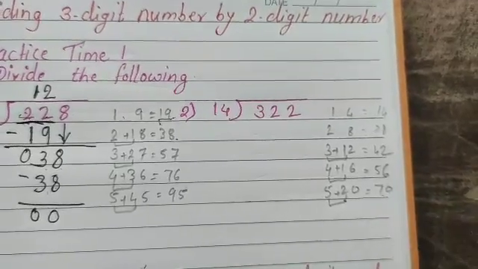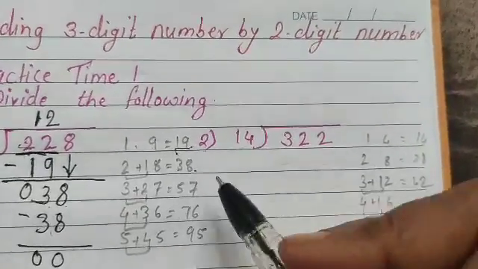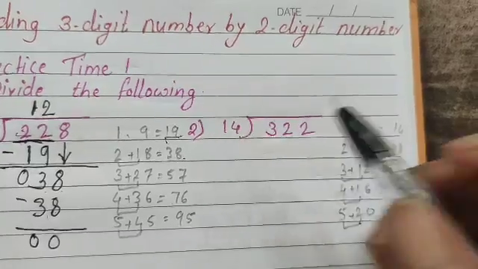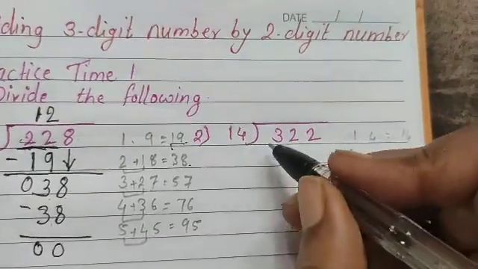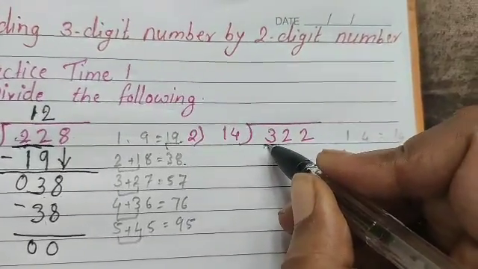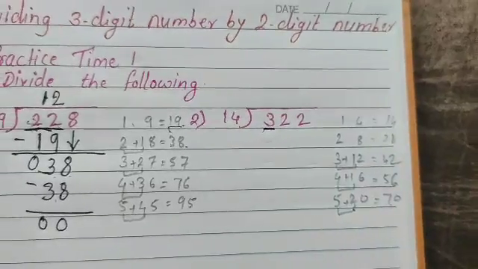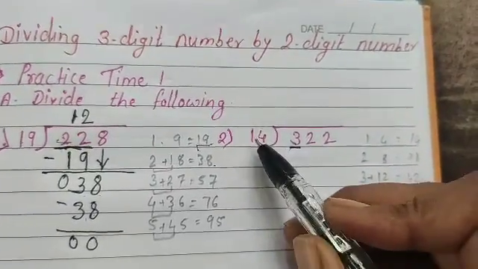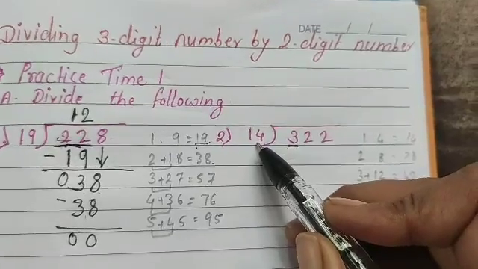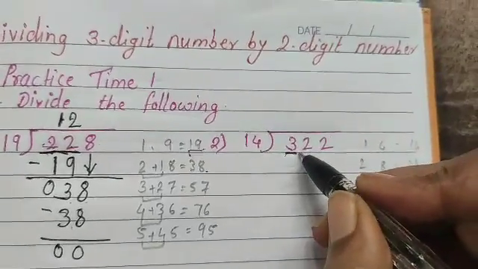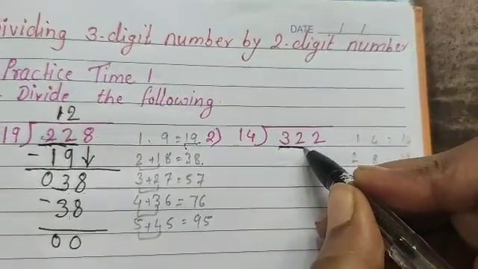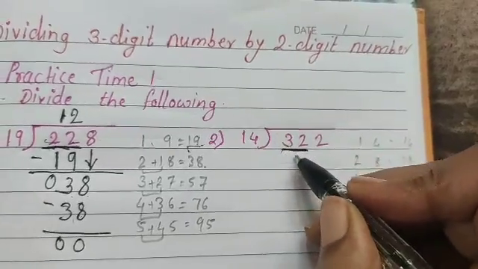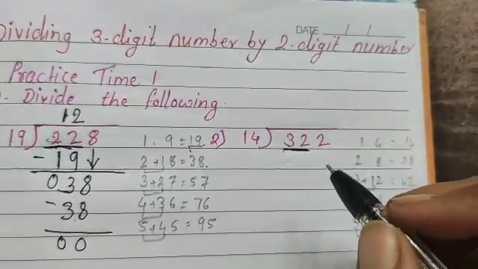If it is necessary, then you can go beyond that. Now student, as the first step, we have to divide the first digit. The first digit is 3, which is very small than 14. So that is why we have to take the help of the next digit. Now the number becomes 32.